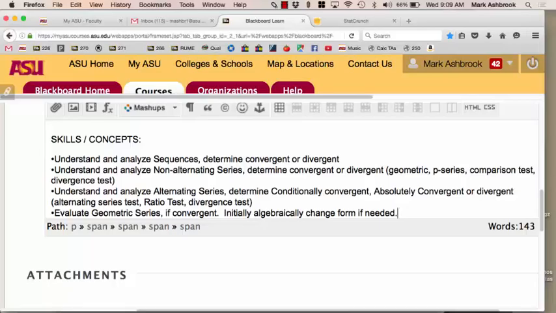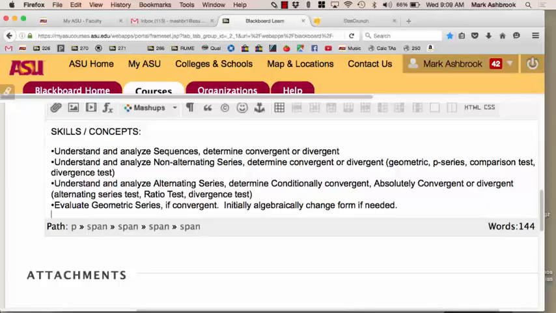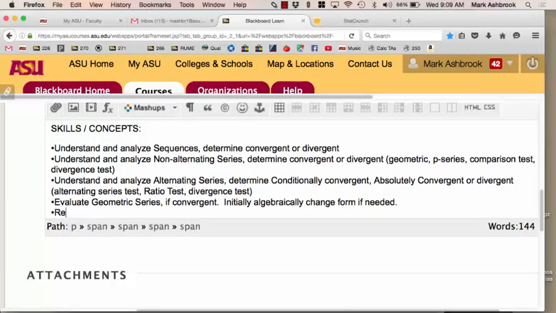Okay? What else? So you got to know the divergence theorem. So the relationship of sequences and convergent series. This relates to the divergence test.